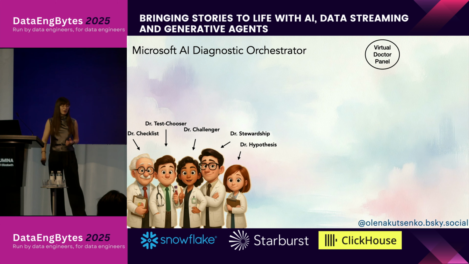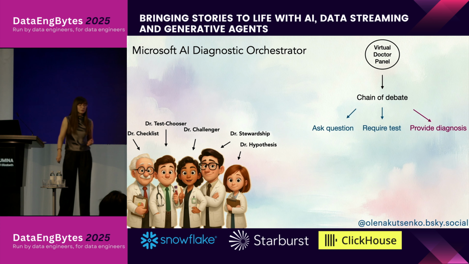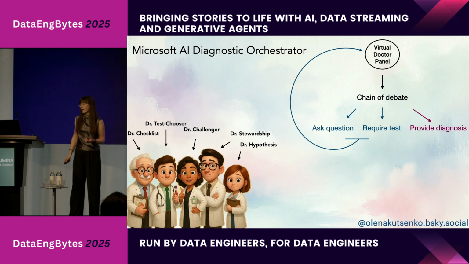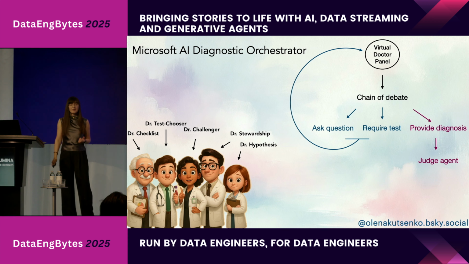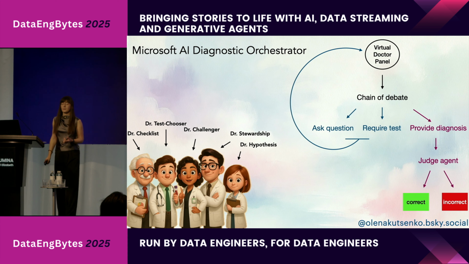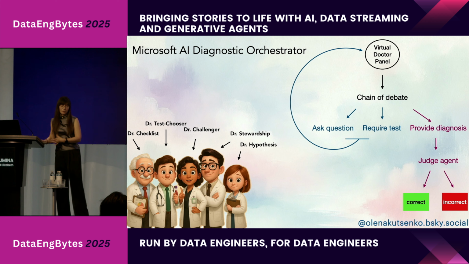And you have that virtual doctor panel, which goes through a chain of debates and can do three things: ask a question, request a new test, or provide a diagnosis. And at the end, you have a judge agent, which can show whether the diagnosis was correct or incorrect. And all of this can be compared to your normal doctor.